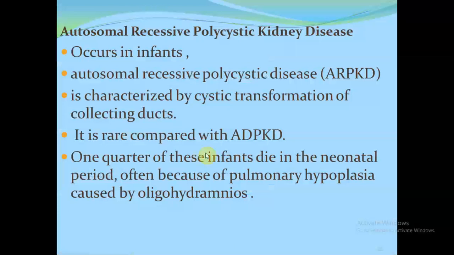Autosomal recessive polycystic kidney disease, this occurs in infants and طبعا it's characterized by cystic formation in the collecting ducts. It is rare compared to adult polycystic kidney disease and 25% of infants die in the neonatal period, and this is because of associated other congenital anomalies مثلا pulmonary hypoplasia أو يصير عندهم oligohydramnios, يعني decreased amniotic fluid that is seen by ultrasound during pregnancy.